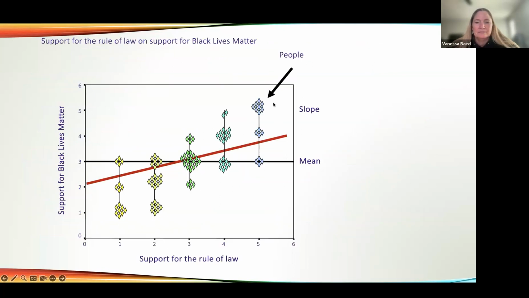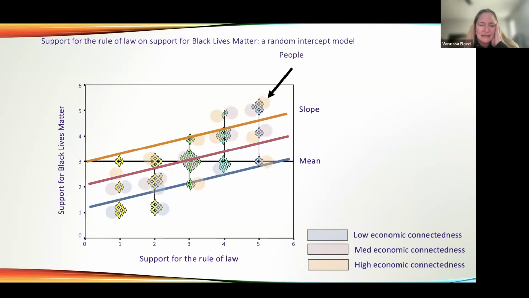Okay, so here we have people. So if you have support for the rule of law on support for Black Lives Matter, you've got a little bitty slope here. And the way I like to think about causality at the contextual level is to imagine, for instance, in these social capital variables, that people are being cliquish in that county.